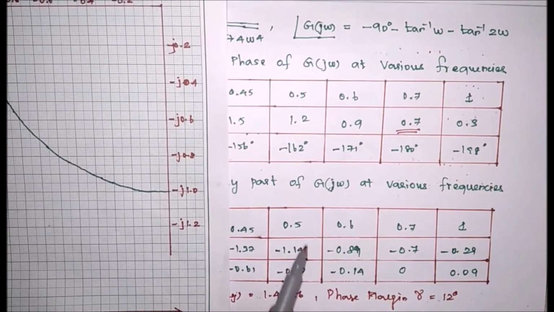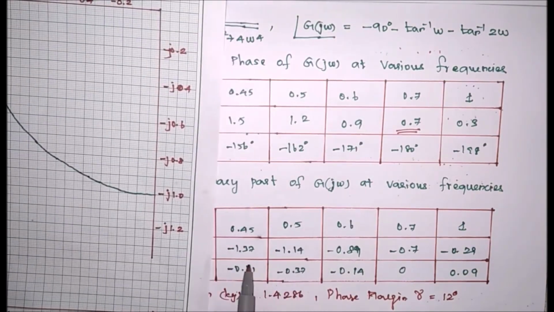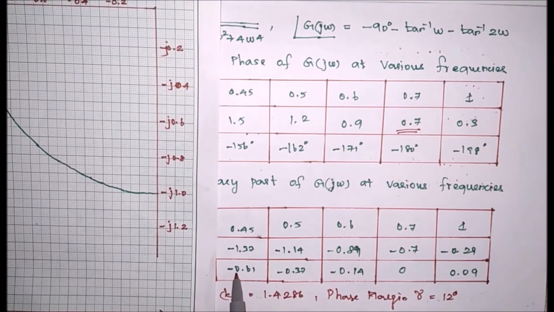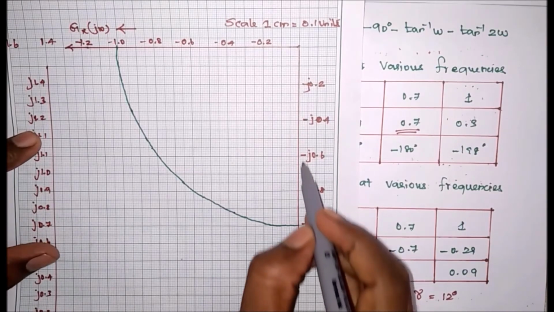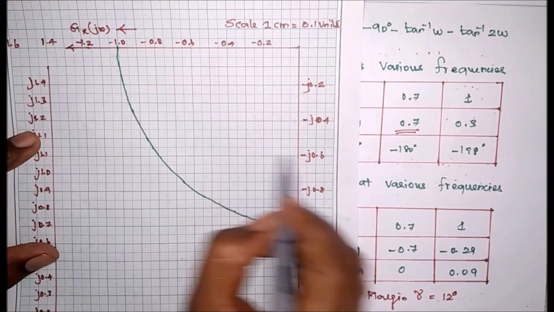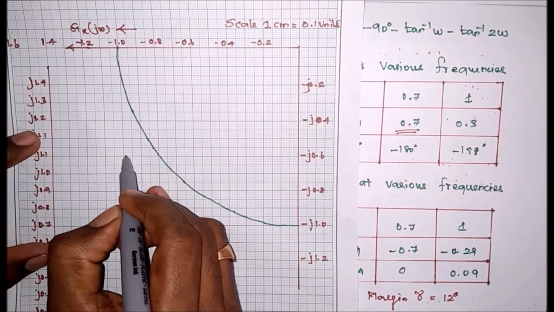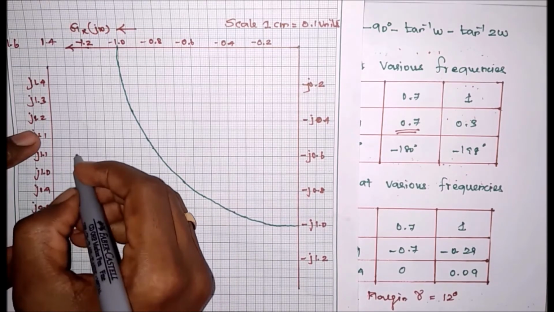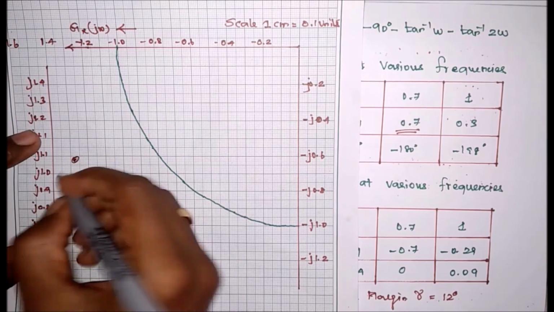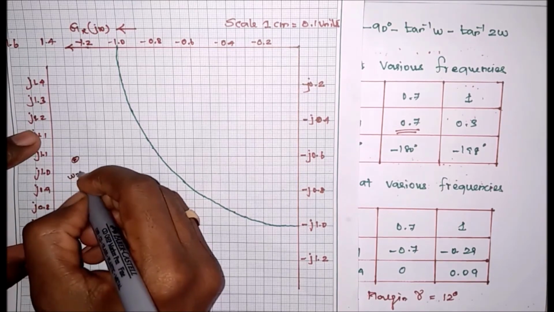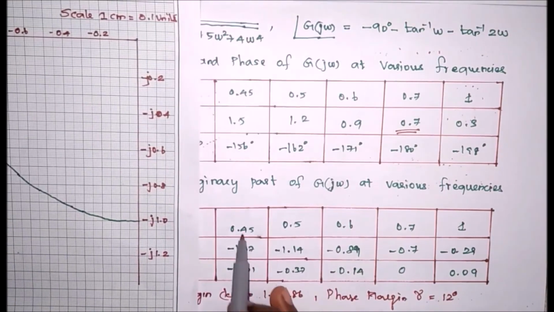So the point for minus 1.37 and minus 0.61 will come here. This is the point at omega equal to 0.45.